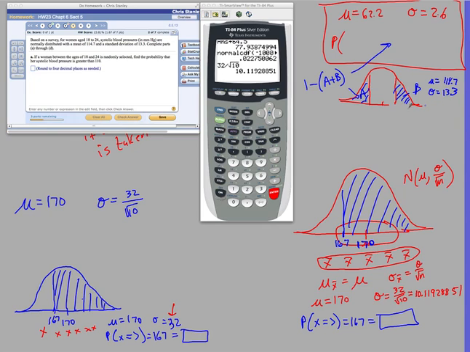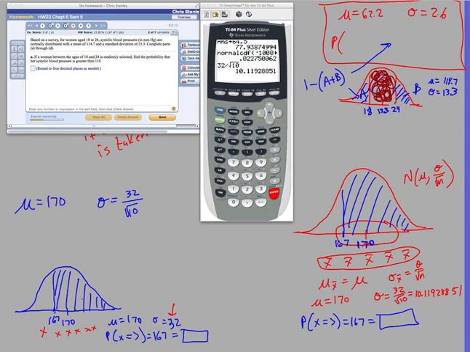Now this is a between problem, so this would be 18, this would be 24, and the middle is 13.3. So I want to find this area in the middle. This is the goal.